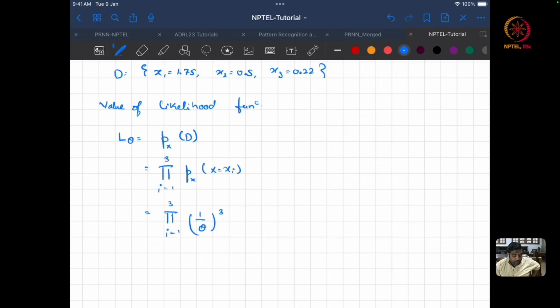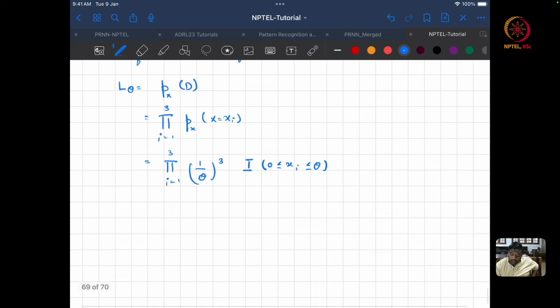And then the indicator for 0 less than xi less than or equal to theta. Now what is this indicator random variable? An indicator random variable will take the value 1 when the function it is indicating holds, else it will be 0.